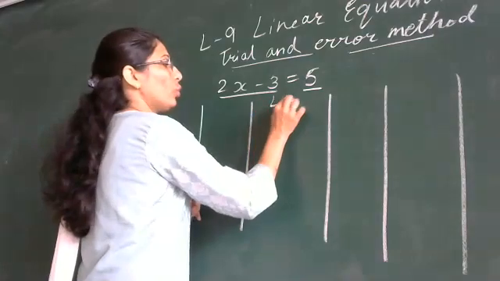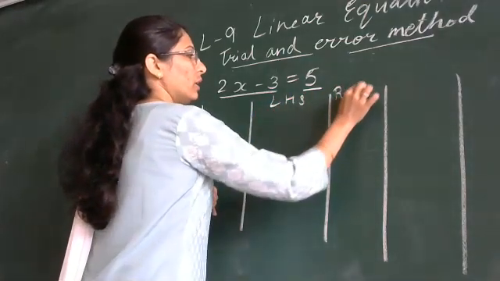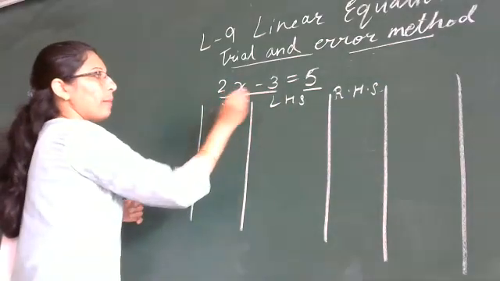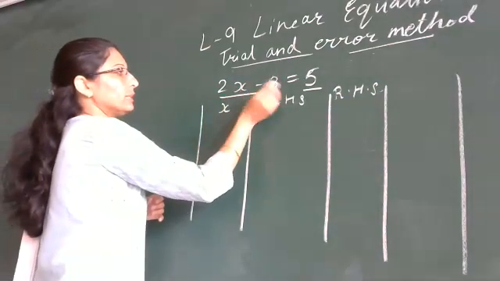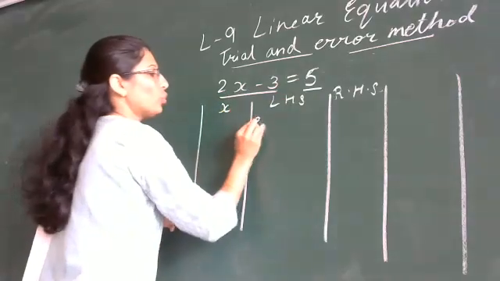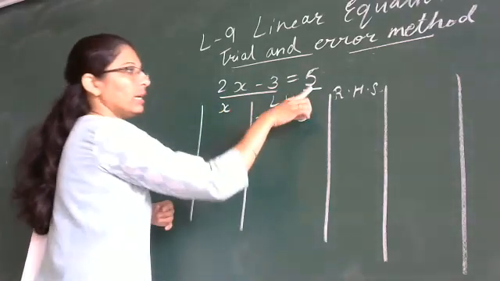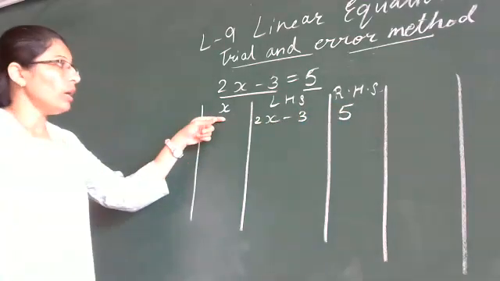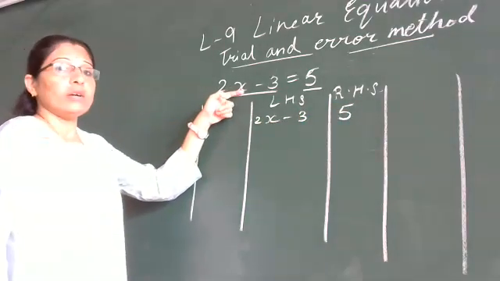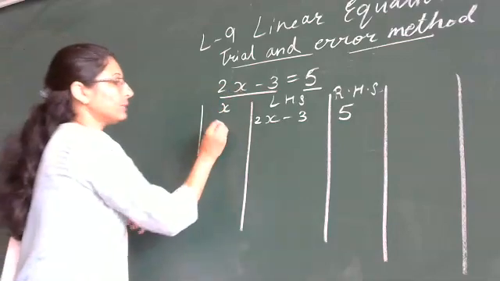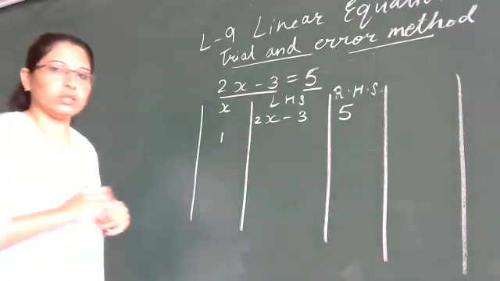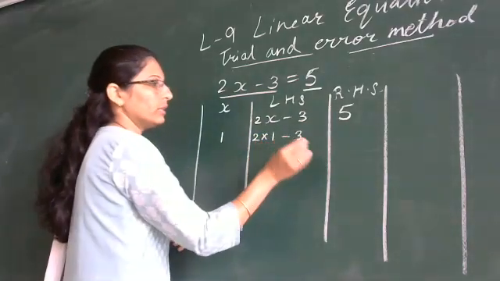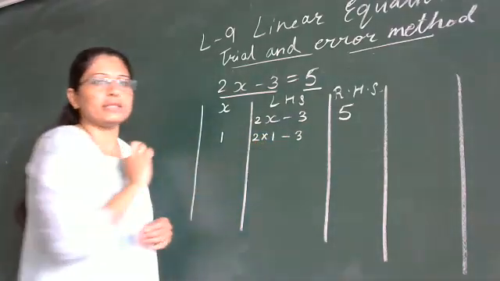LHS should be equal to RHS. Now, for example, here 2x minus 3 is LHS. RHS is what? 5. Now, if we put 1 instead of x, 2 into 1 minus 3. What is the answer there?